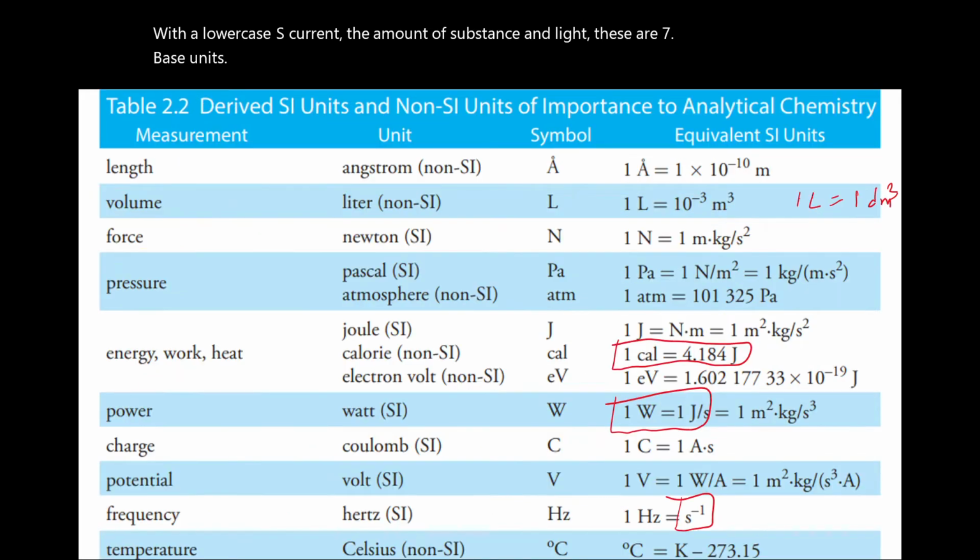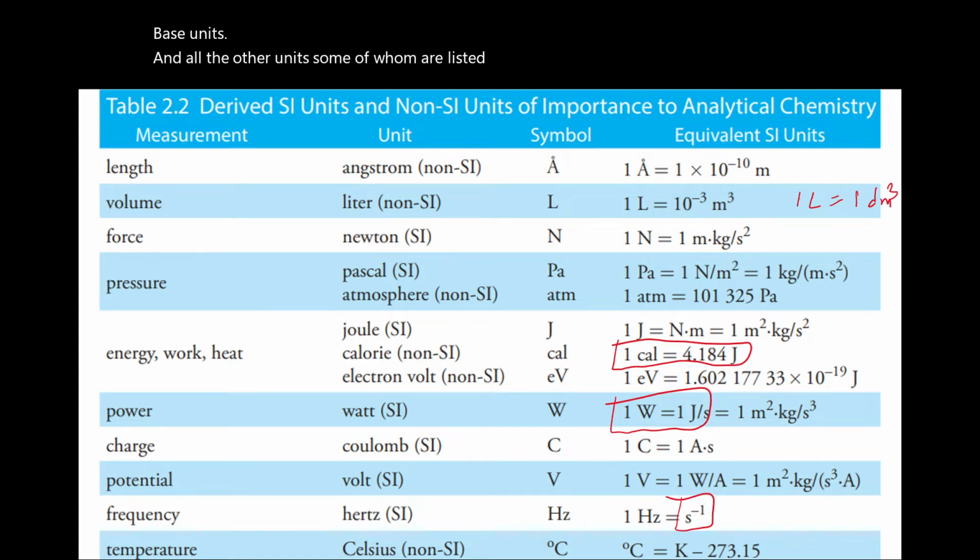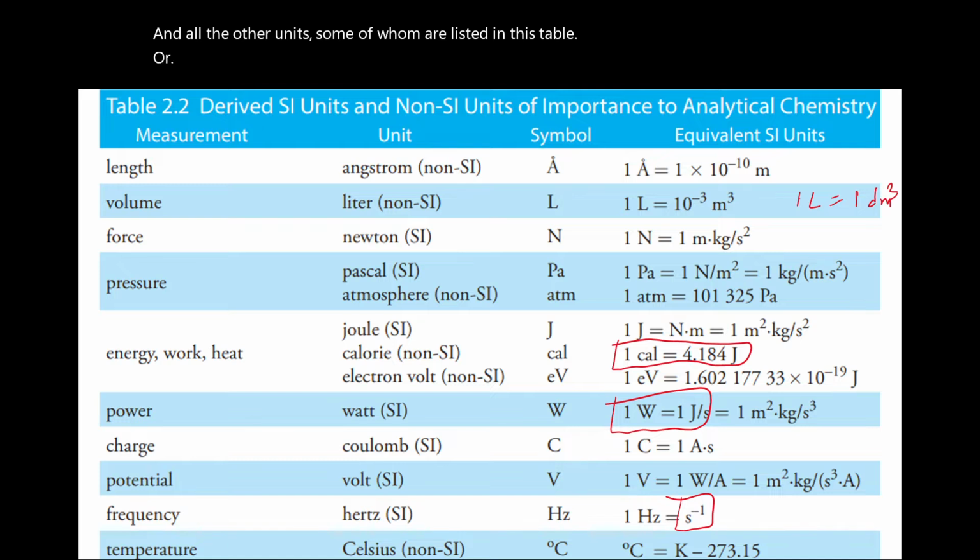And all the other units, some of them listed in this table, are derived units. And here there are some derived SI units and non-SI units. For example, this angstrom is a non-SI unit.